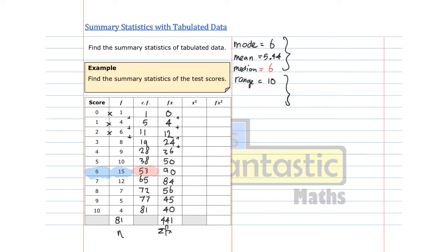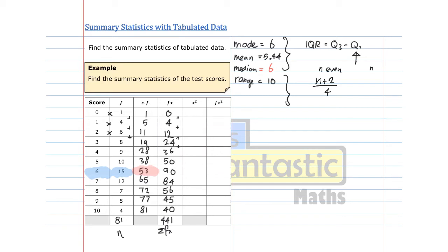The interquartile range is still calculated as Q3 minus Q1. But the way we find these numbers is slightly different now. So Q1, the way we find it is going to depend on what the value of n is. So if n is even, then Q1 is the (n plus 2) over 4th number.